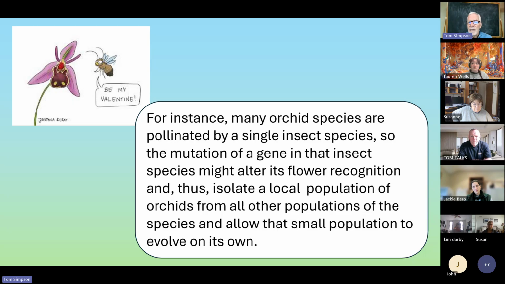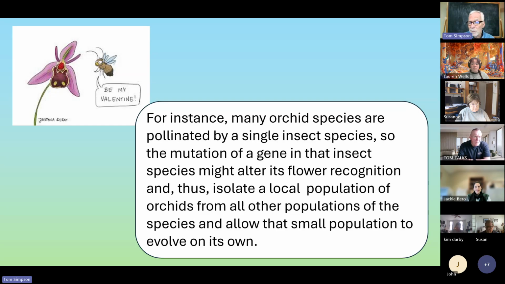Well, if you think about that, any mutation in the population of insects where you have an insect that slightly changes its floral recognition pattern could isolate a population of orchids that were formerly interbreeding with a larger population. Now orchids that have this very slight variation become a separate group that are pollinated by this slightly different insect. And so that population of orchid has an opportunity to evolve separate from the others.